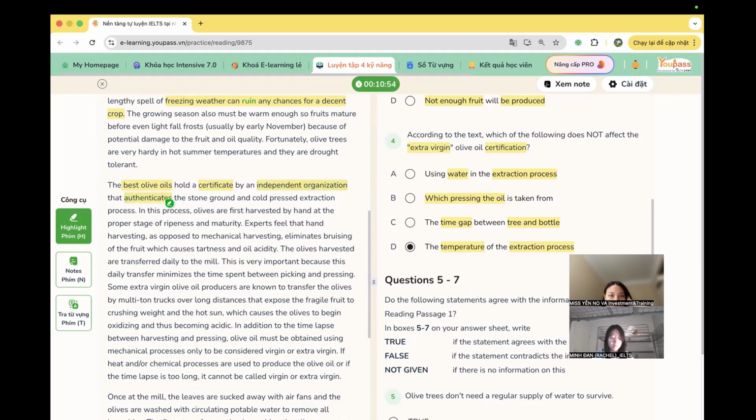Authenticated means they make everything legal. Okay. The stone ground in cold press extraction process. The stone ground, that means they certify the soil, the origins of this one and how they do the cold press extraction process.